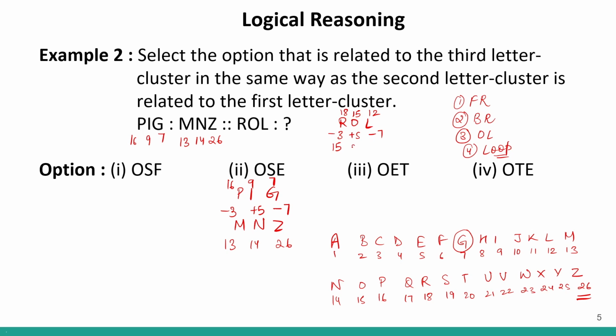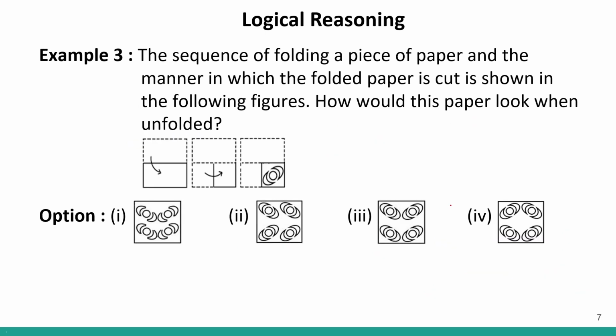Similarly, plus 5 will give me 20 and minus 7 will give me 5. 15 is O, 20 is T and 5 is E. So my answer will be OTE, and OTE is given in option number 4. So option number 4 will be the correct answer. This is how you solve questions on letter analogy.